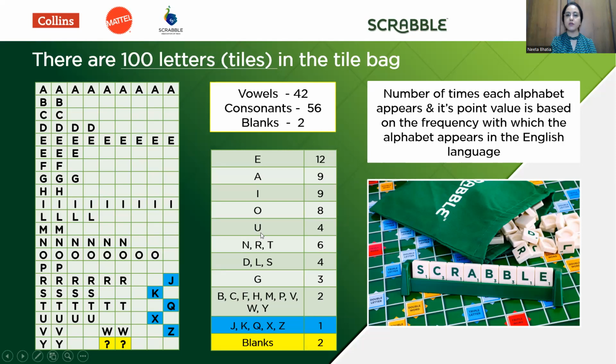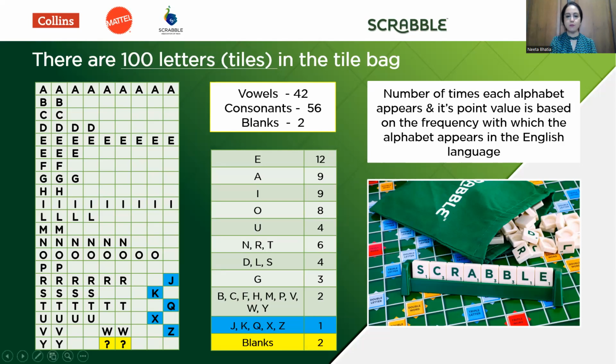The U is predominantly more useful when you have the consonant Q with it, because Q would require you to use the vowel U to make a word with. Say, for example, the word queen, Q-U-E-E-N, or maybe Q to stand in a Q, Q-U-E-U-E. Other than that, the U is not that useful a vowel.